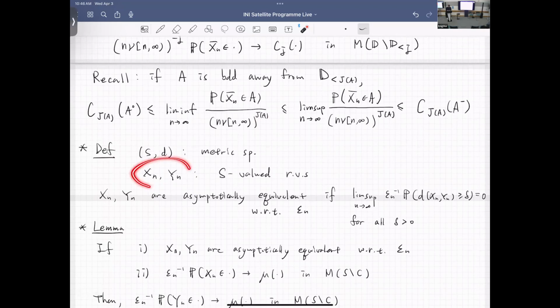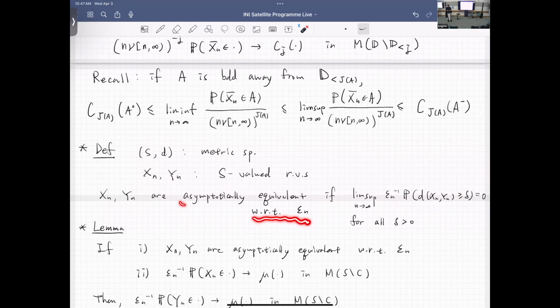We say that two sequences of random elements in S are asymptotically equivalent if the probability that the distance between the two stays far from each other, by more than delta, normalized by epsilon_n, goes to 0.